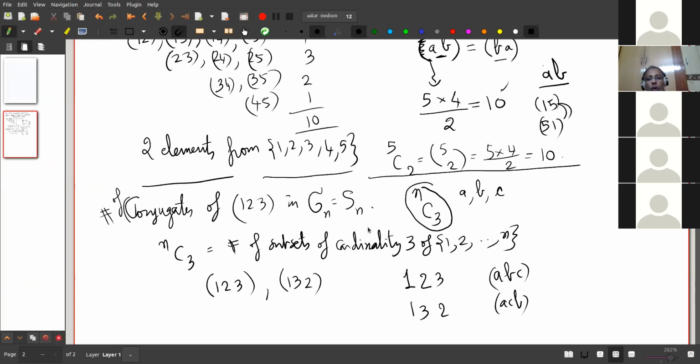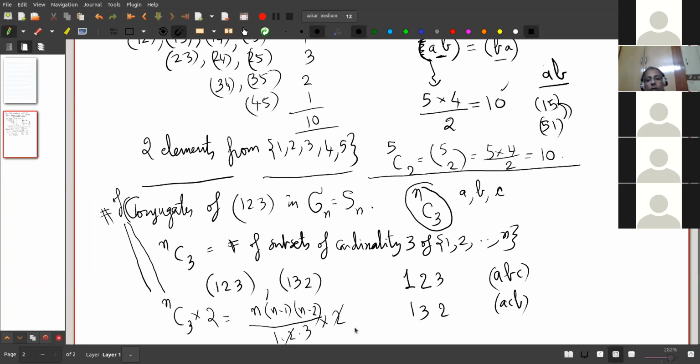So what is our final answer here? NC3 times 2. Very good. So if you want, that's n times n minus 1 times n minus 2 divided by 1 times 2 times 3, times 2.